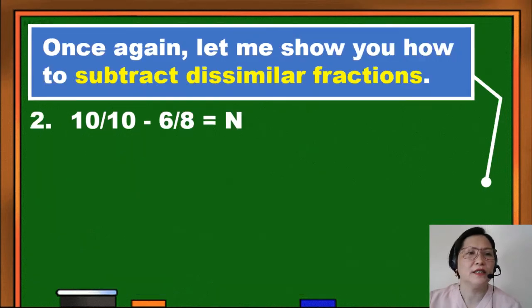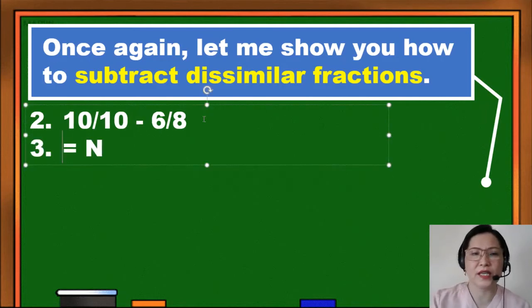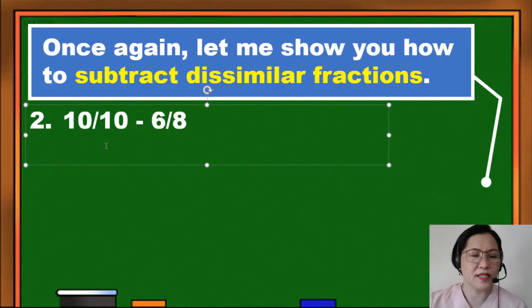Once again, let me show you how to subtract dissimilar fractions. So this is 10 tenths minus 6/8. Once again, we're going to get the LCD by using multiples of the denominators 10 and 8.